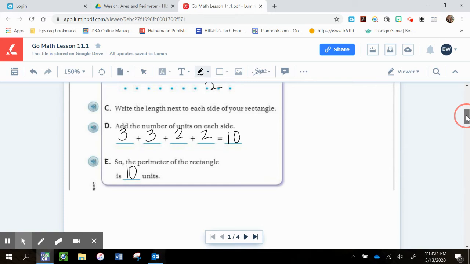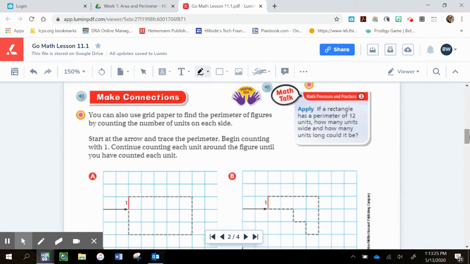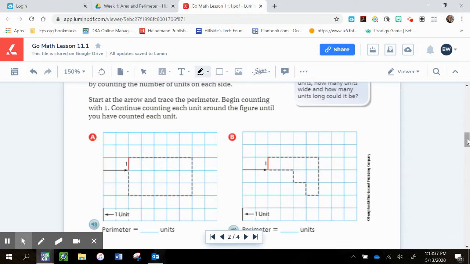Okay, scrolling down, we're also going to use some grid paper or graph paper to find the perimeter of figures by counting the number of units on each side. So there's several ways that you can find the perimeter. The first way here is showing with the arrow and counting the side.